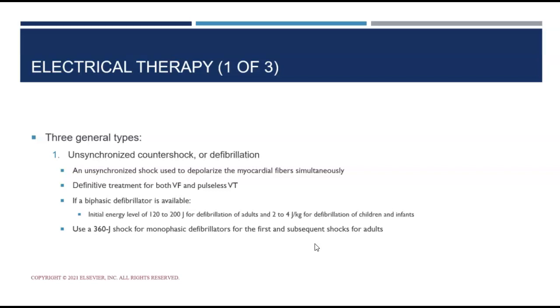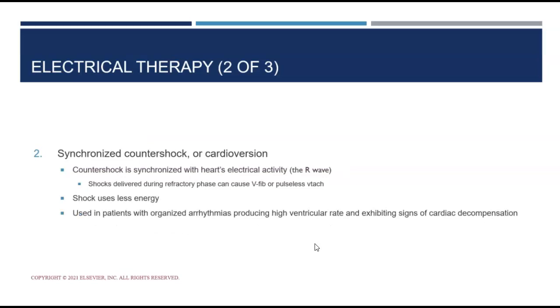It's typically 200 joules for an adult. Monophasic defibrillators, I don't think I've seen one in the hospital in years. The electrical energy only goes in one direction, so it's only passing through the heart once, and you need more energy then, so 360 is the recommended energy level for monophasic defibrillators.